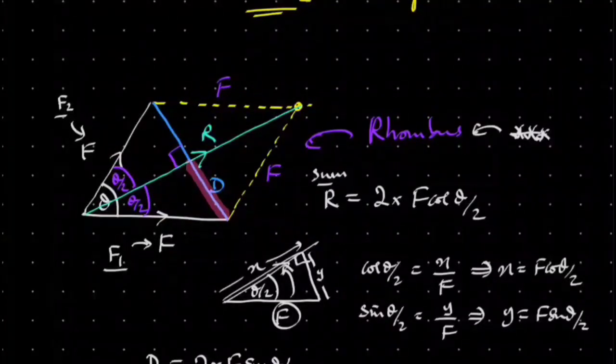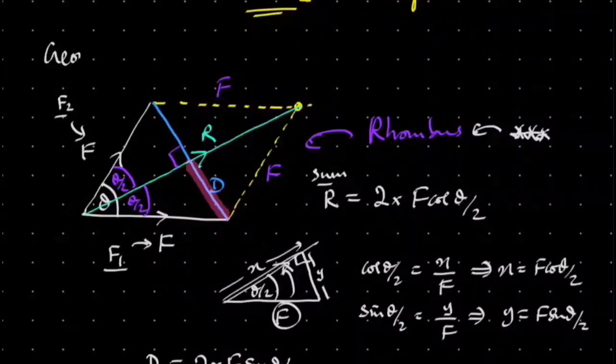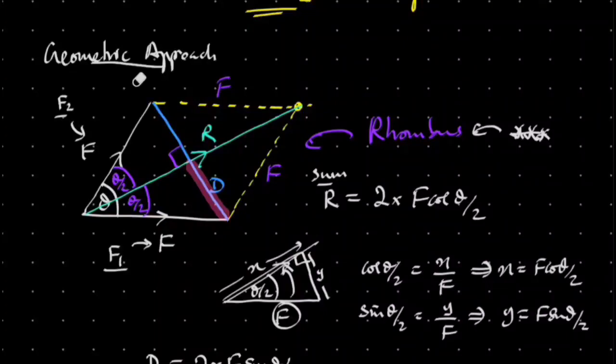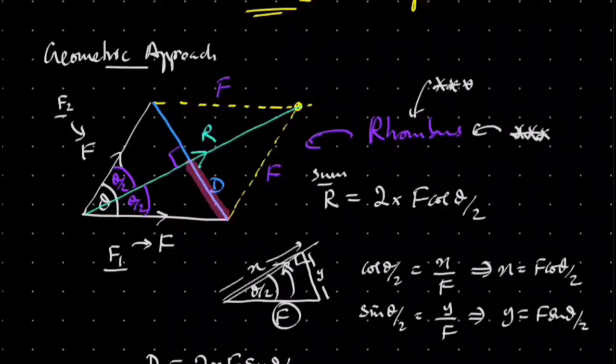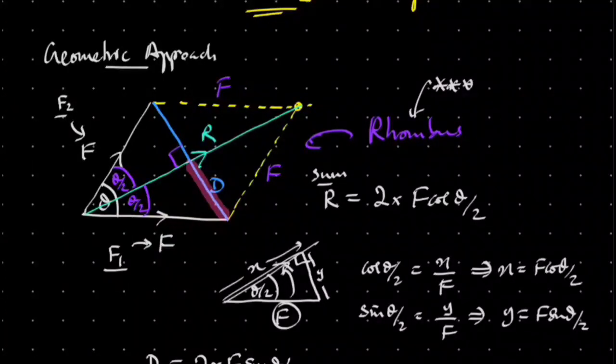In that geometric approach to the problem, we dealt with the rhombus and thought about its properties and general properties of a parallelogram. We used a little bit of 90-degree triangles and sines and cosines.